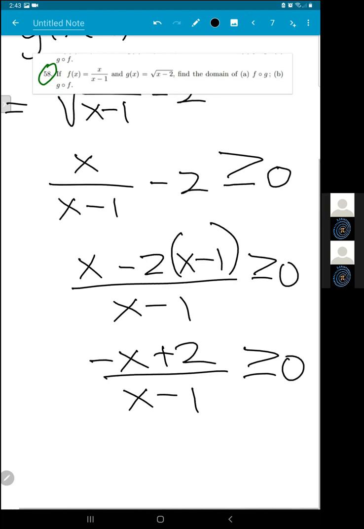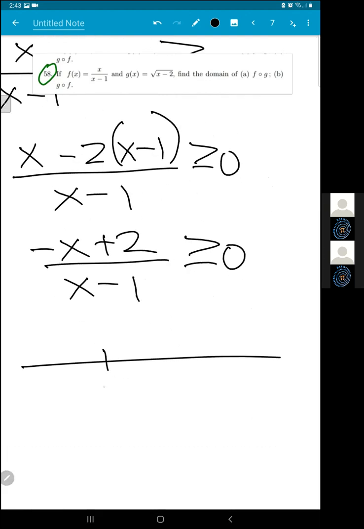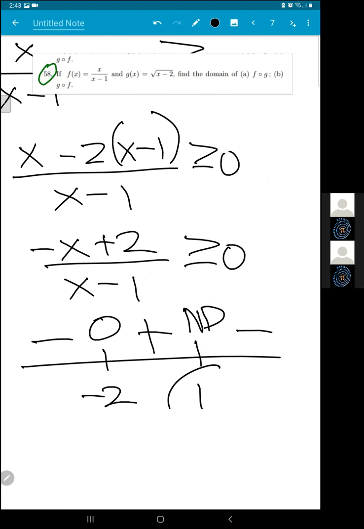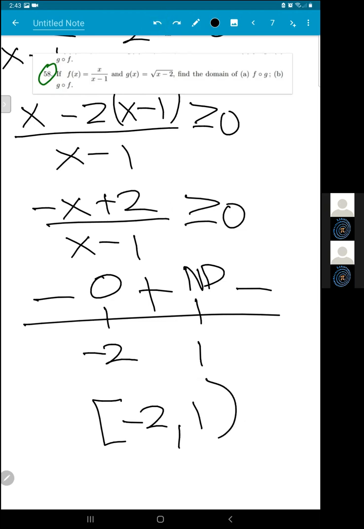Okay, and then you have to use the sign chart method or the table of signs method to solve this one. Then, without showing you the details, yan yung sign chart. And then, obvious na na-exclude na yung 1 dahil undefined. And then, greater than or equal to. So negative 2, closed, open, at 1. Yan yung domain.